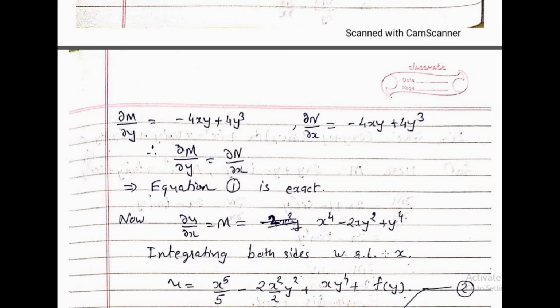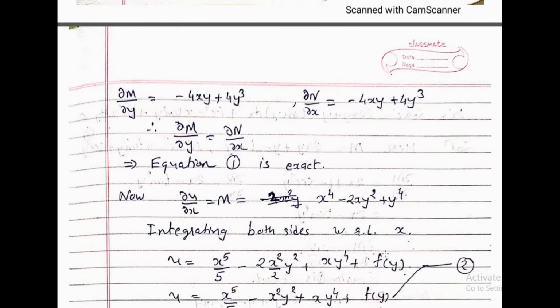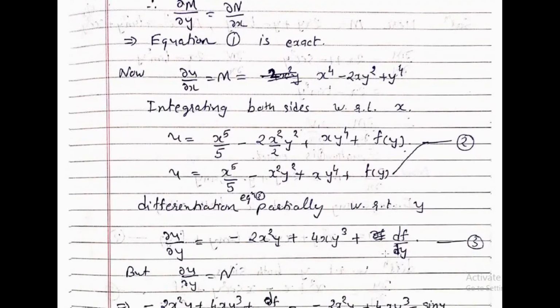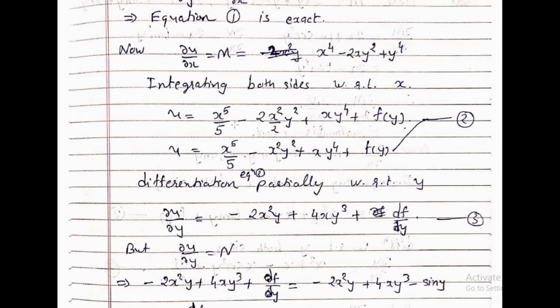Integrating both sides with respect to x, x⁴ integrates to x⁵/5, 2xy² integrates to x²y², and y⁴ is a constant because you are integrating with respect to x, so it gives y⁴x, plus some function of y. Instead of a constant, we have to put some function of y. So you have u equal to x⁵/5 − x²y² + xy⁴ + f(y).